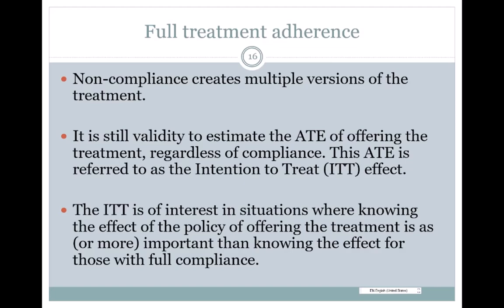If you really want to know the effect for those who complied, you'll be estimating something called CACE, the complier average causal effect, which I'm not going to discuss here, but it's important to be aware that the complier average causal effect is potentially different than the intention to treat effect when there is non-compliance.